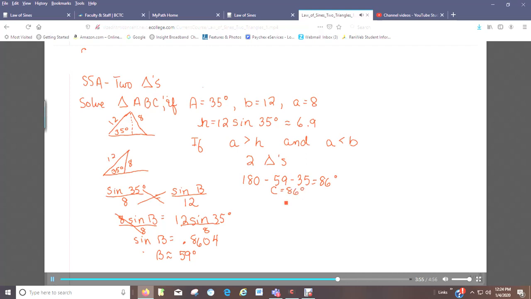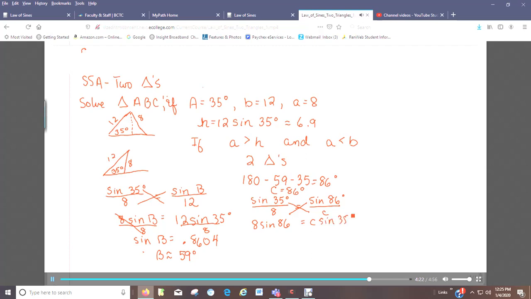Alright, now let's find side C again by using the law of sines. I'll use sine of 35 over 8, and now I'll use sine of 86 over the unknown side C, and cross multiply. This is going to give me 8 sine of 86 equals C sine of 35.